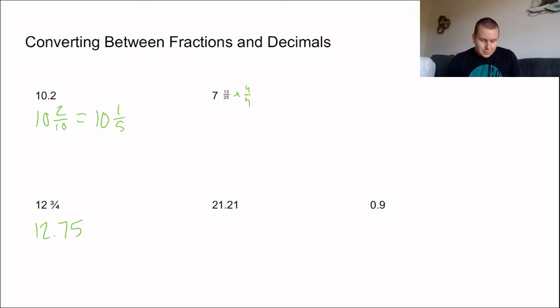Okay? So what that would come out to is we'd have 7 as our whole number, 52 as our numerator, and 100 as our denominator. So 7 and 52/100. Now that kind of sounds more like we could write that in decimal form. And that would give us 7 and 52/100.